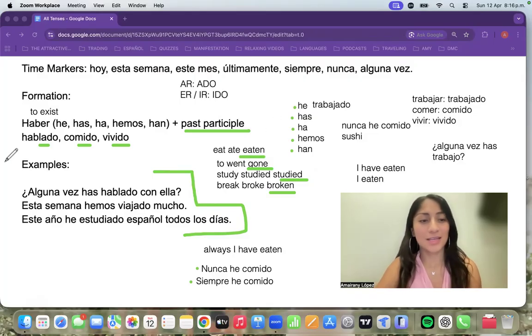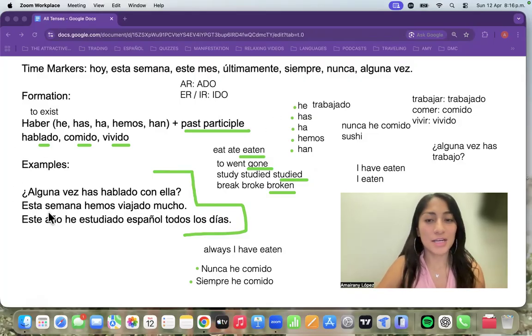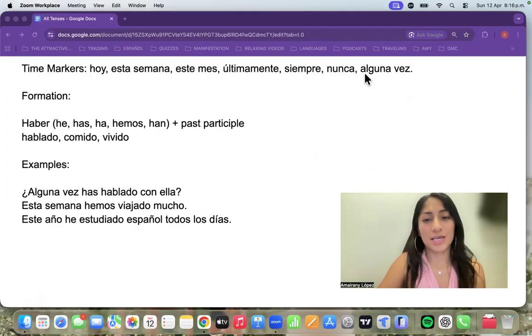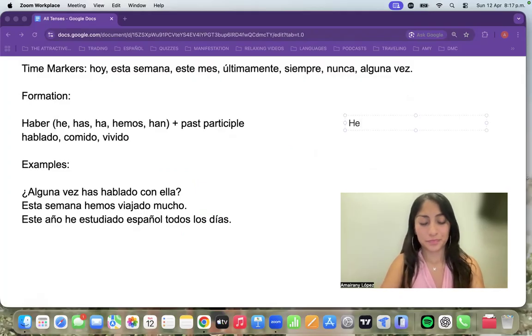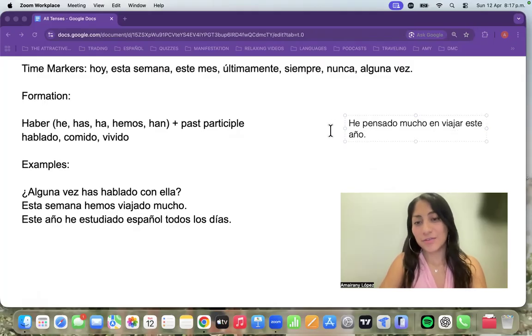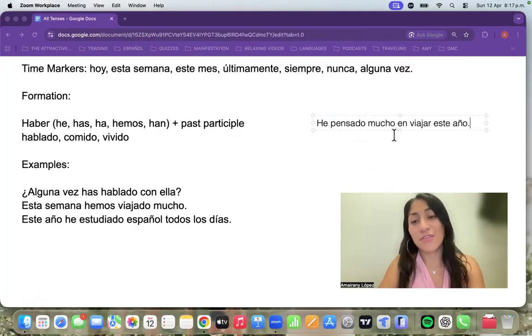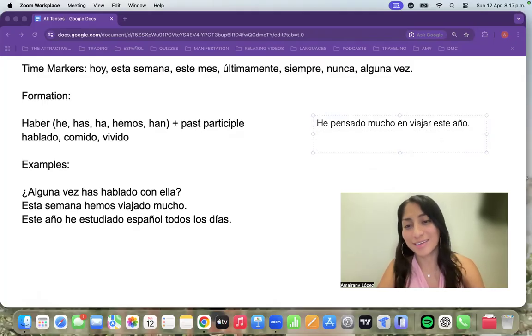So again, let's do a couple of sentences here. I'm going to say he pensado mucho en viajar este año. I have thought a lot about traveling this year. He pensado mucho en viajar este año.